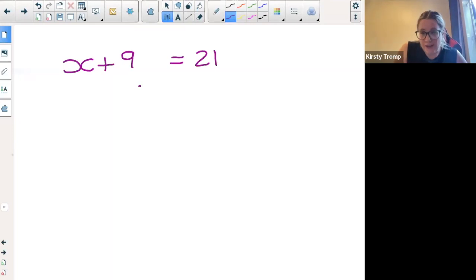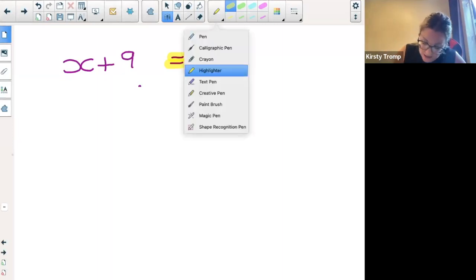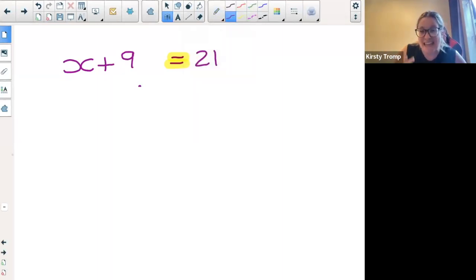I want you to think of this equal sign as a mirror, very similar to what we did when we did reflection. Remember when we did reflections, and we've been doing reflections in our classes this term, and we did it with Mr. Hugo the other night? That equal sign is like a mirror.